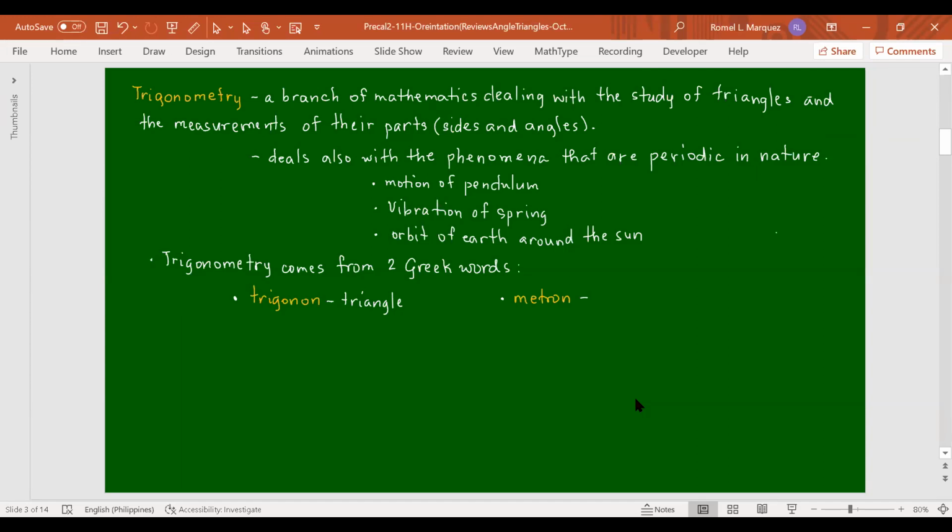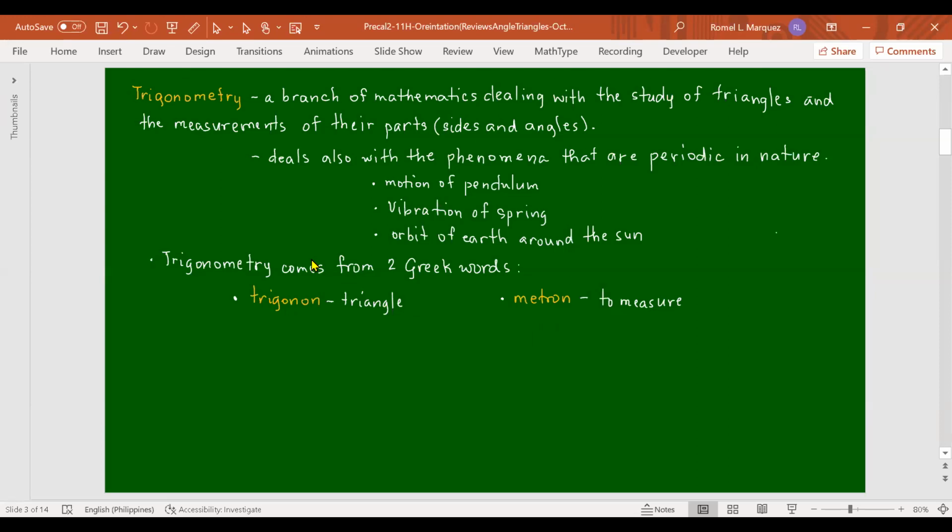Okay. Measure po. Because it depends on the word used, no? Whether metron, metria, or metrein. When you say metron, it means to measure. Metria means measurement. And metrein, it's a measure.